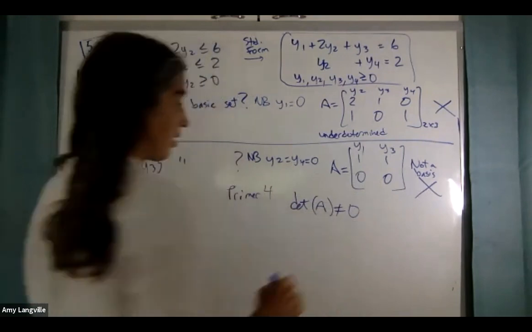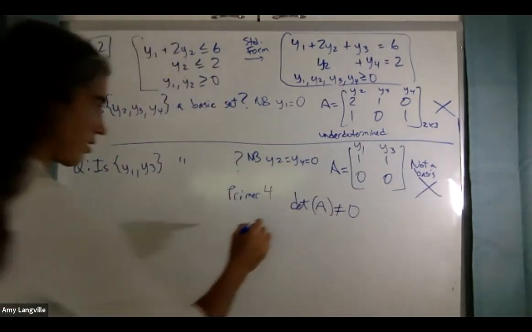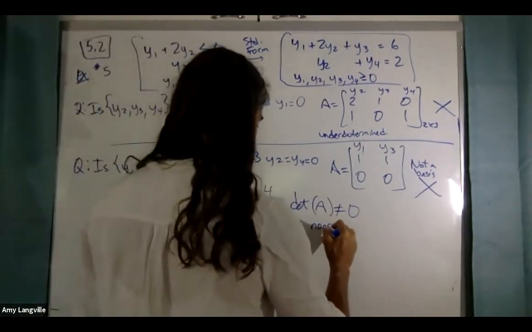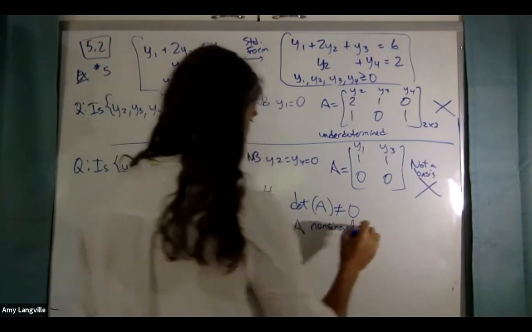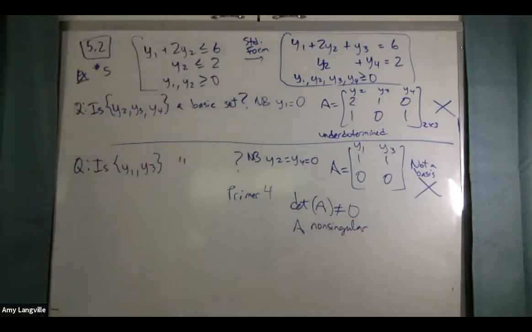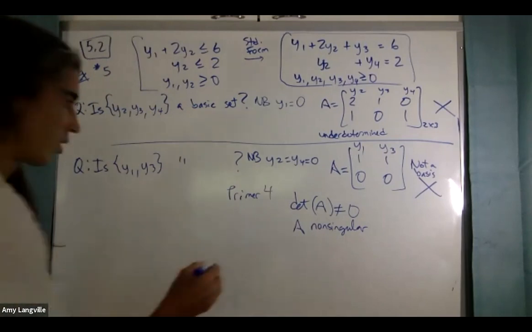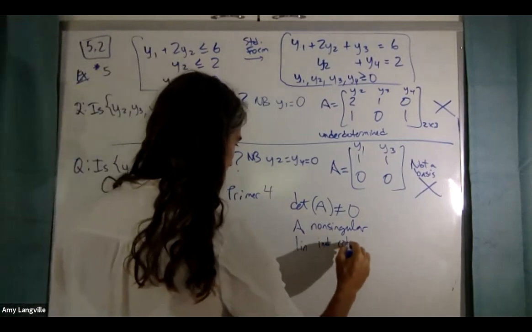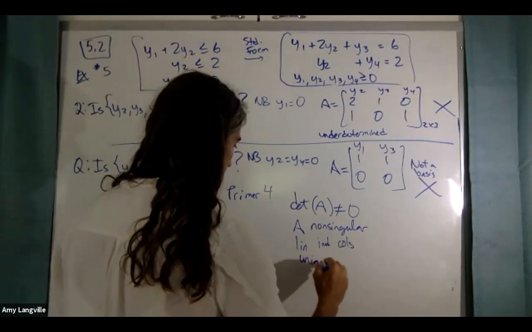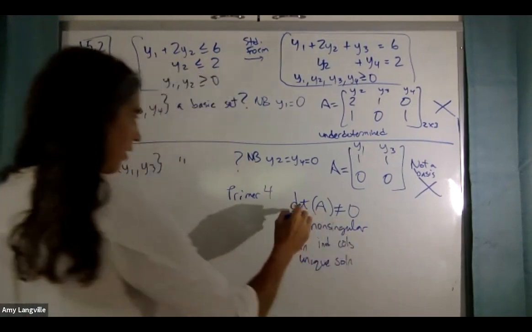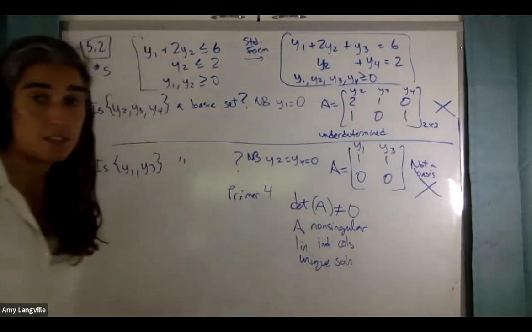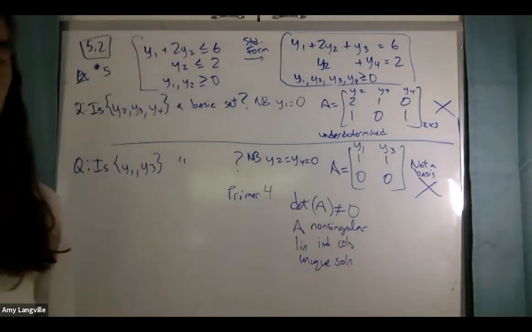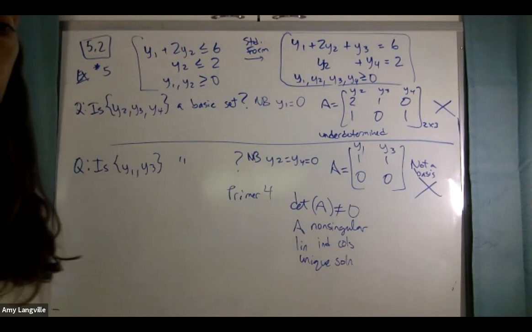If this thing turns out to be non-zero, you know your matrix A is non-singular. And that means it has linearly independent columns with a unique solution. And in MATLAB, you just say DET of A, and it'll give you that. So another easy way to check on some of the larger problems.